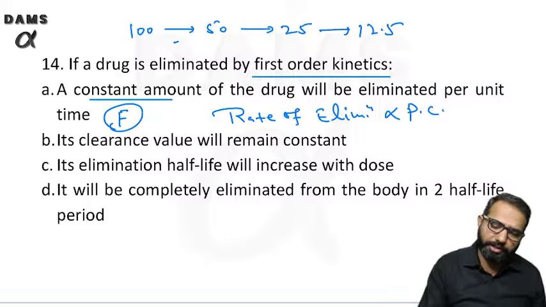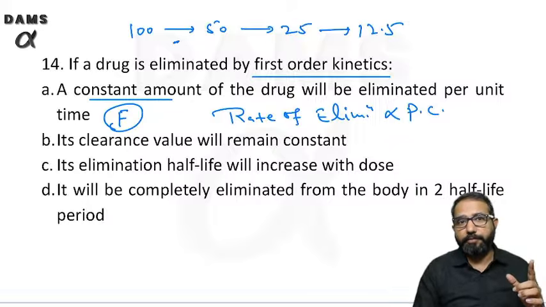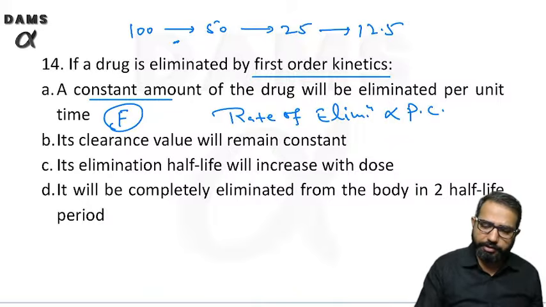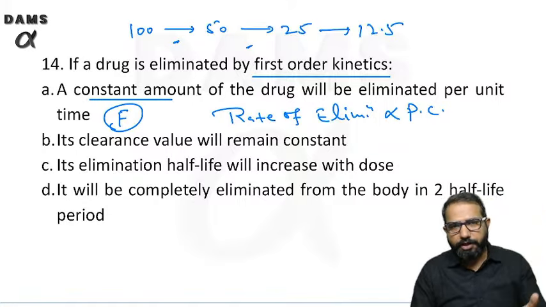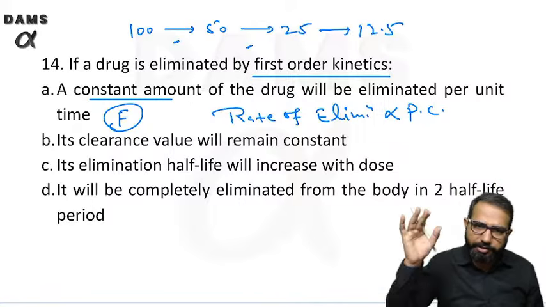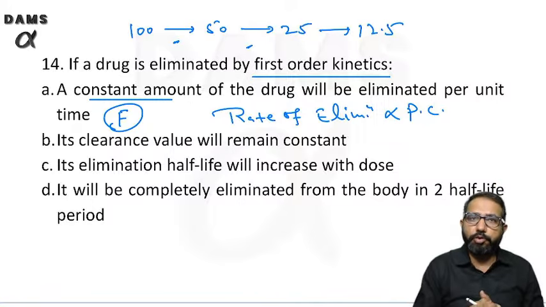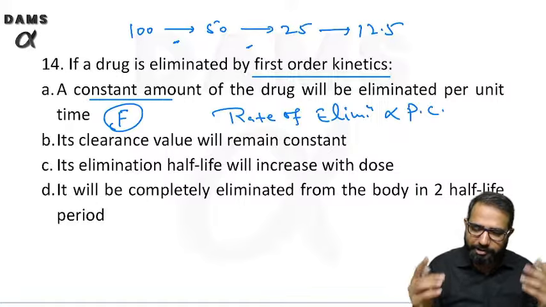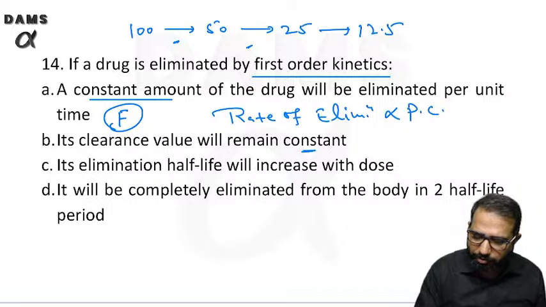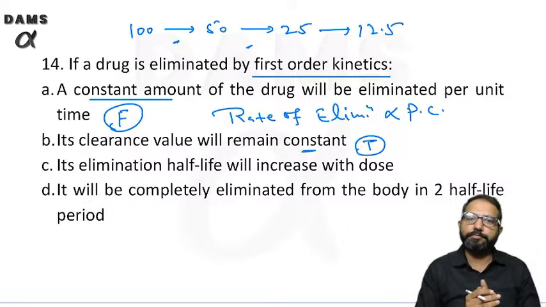So you can see in this 50 in 1 hour, in this 25 in 1 hour. When the concentration is high, the rate of elimination is high. When the concentration is low, the rate of elimination is low. So clearance is rate of elimination divided by plasma concentration, so it always remains the same. In first order, that is constant.